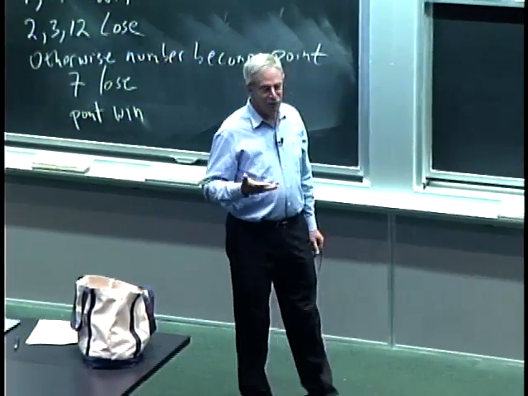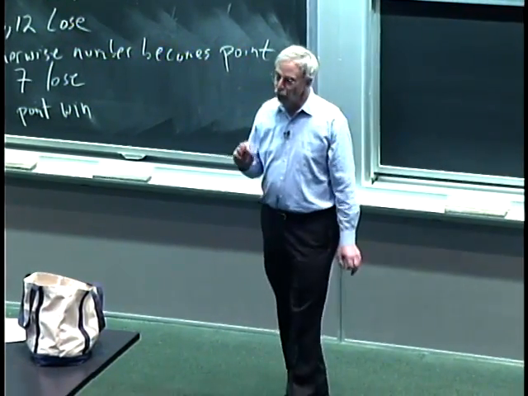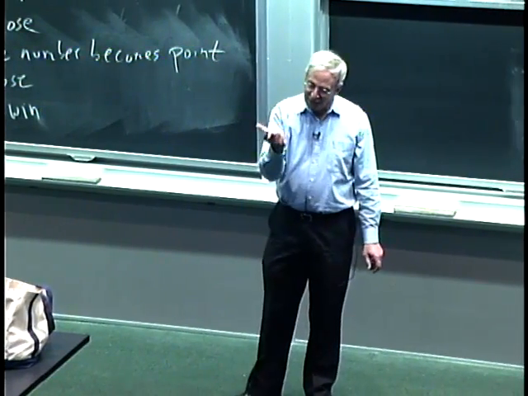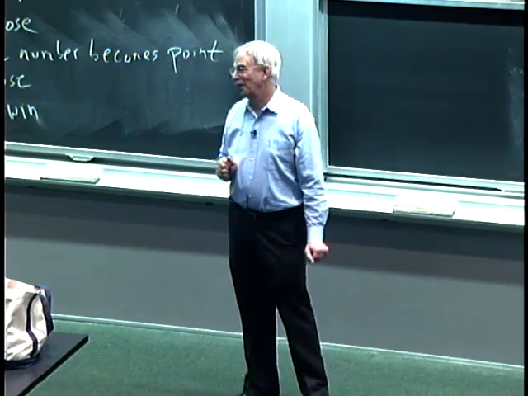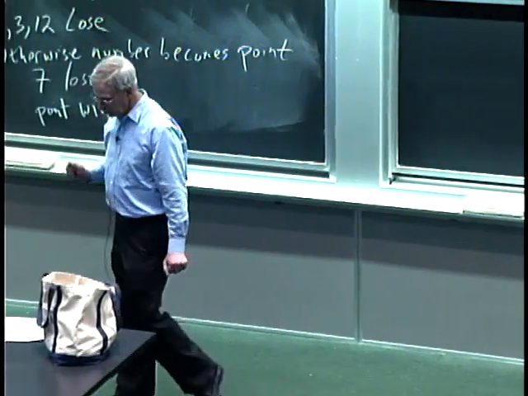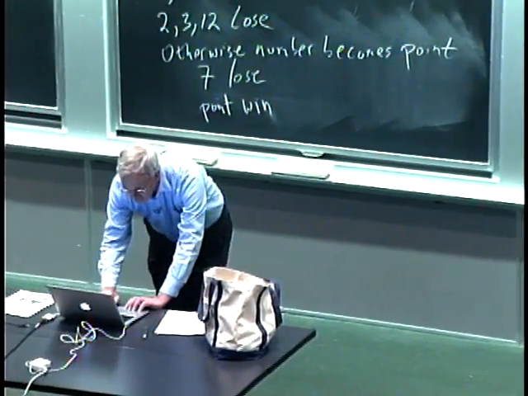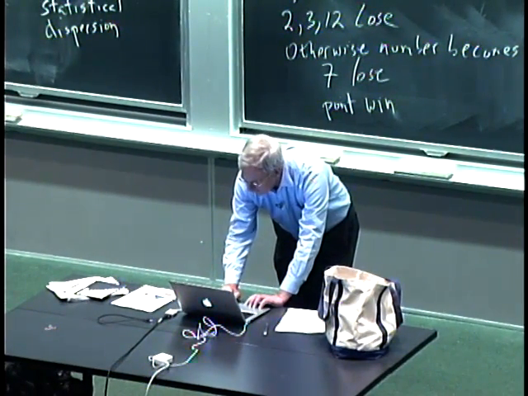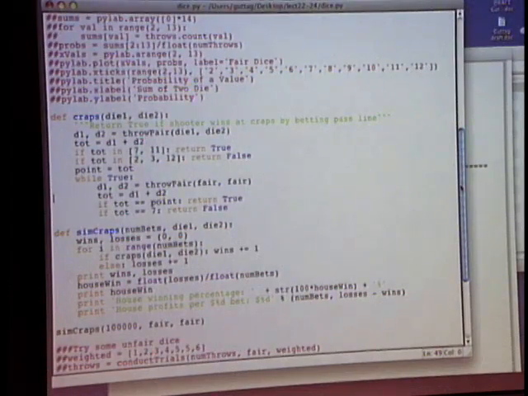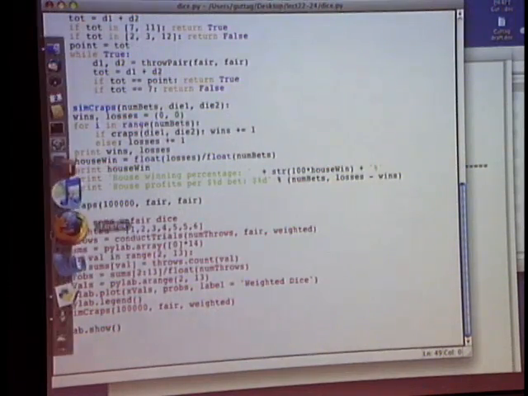Well, the modern version of that is people do cheat by putting little weights in dice to just make tiny changes in the probability of one number or another coming up. So let's do that. And let's first ask the question, well, what would be a nice way to do that? Very easy here.